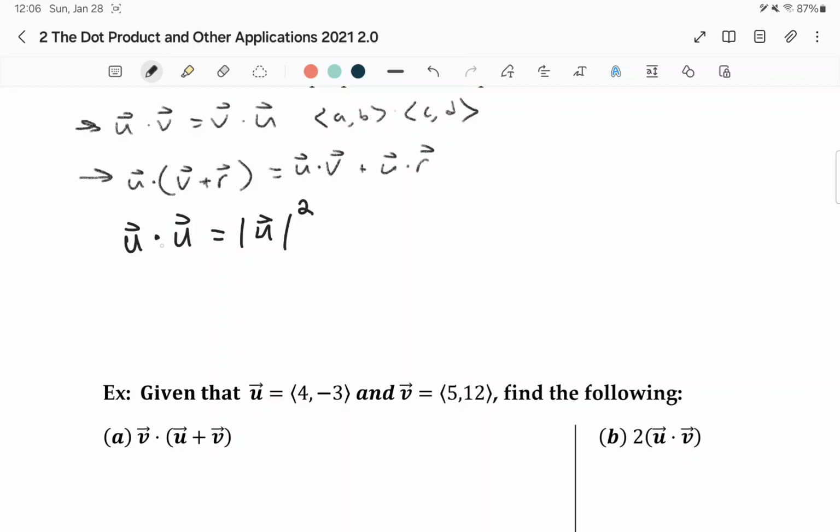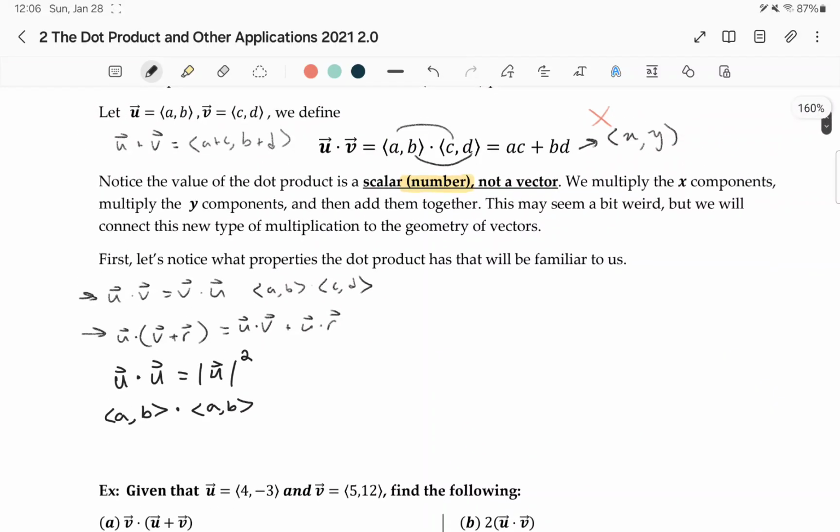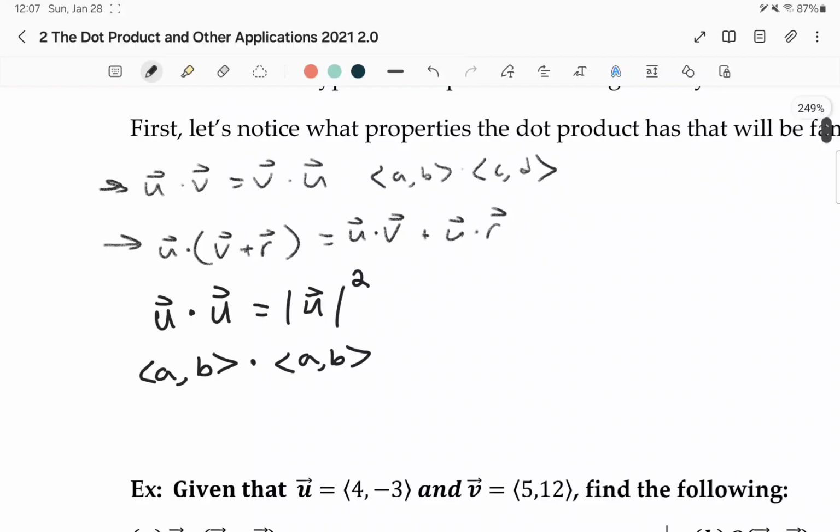You can quickly prove this. Say we have a, b, in component form, dot a, b. Using our idea about the dot product, we get a squared plus b squared.